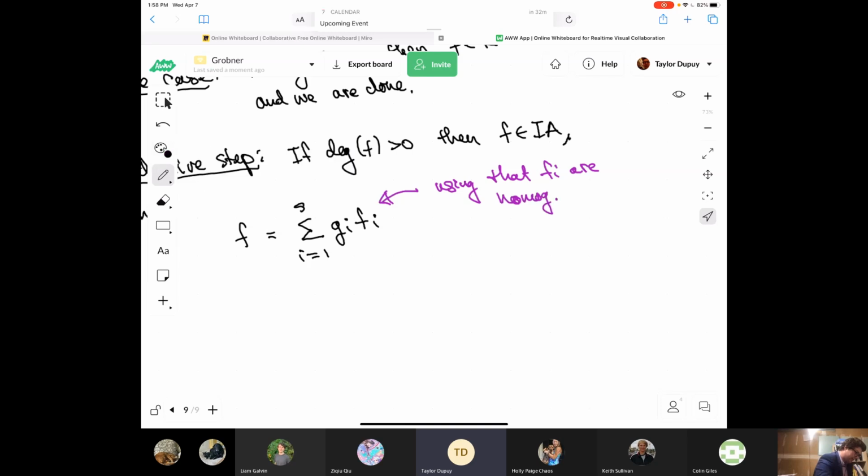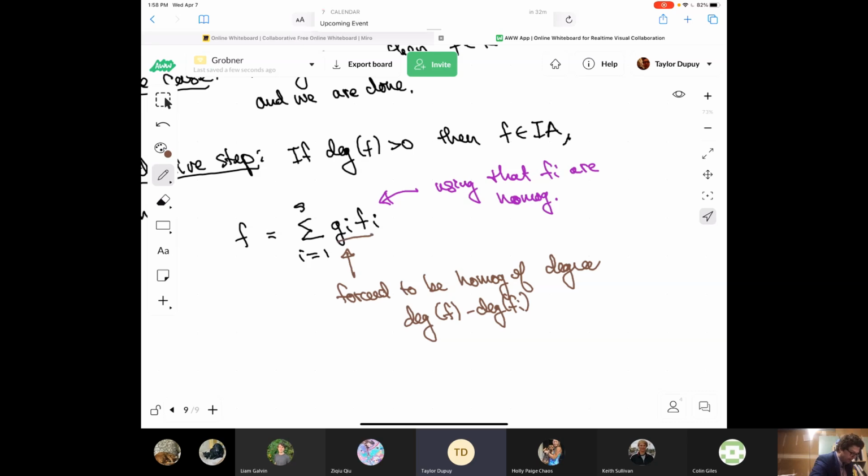And then the big point here is that these things are forced to be homogeneous of degree deg f minus deg f_i, because each term here, because of the direct sum thing, each one of these has to have the same degree as f. Okay, all terms, so all of them have to be homogeneous.